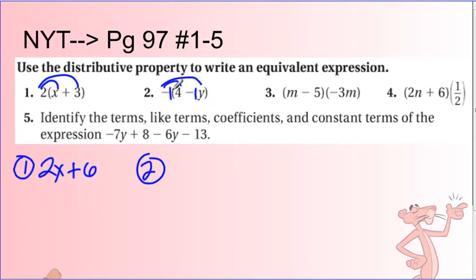So when we distribute, we're going to take negative 1 times a positive 4 is a negative 4 because those signs are different. And then a negative 1 times a negative 1y, which is a positive 1y because the signs are the same. They're both negative. Signs are the same. Answer's positive.